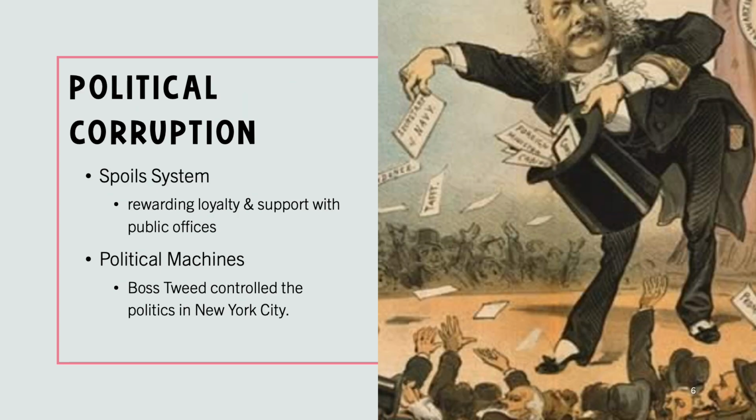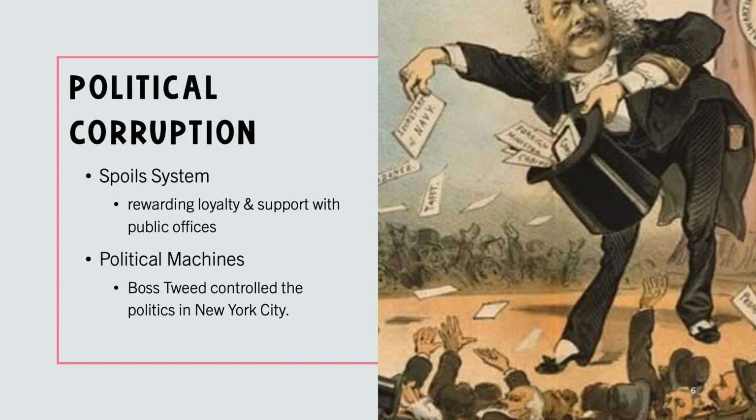Lastly, the United States saw increased political corruption in the form of spoils systems or cronyism. In these systems, politicians rewarded their friends and family for their loyalty with appointments to public offices where they would have influence on government decisions and spending.